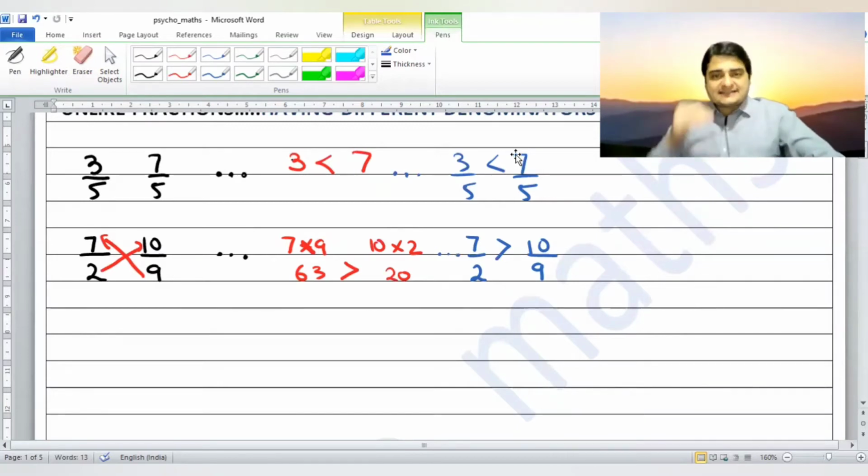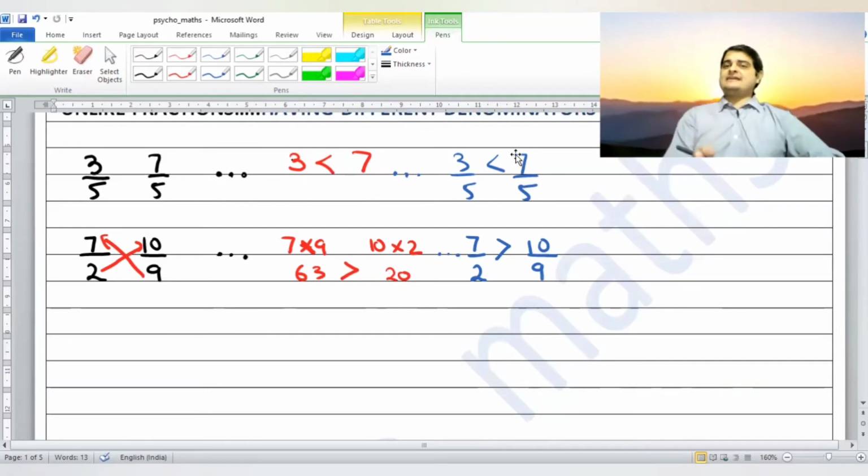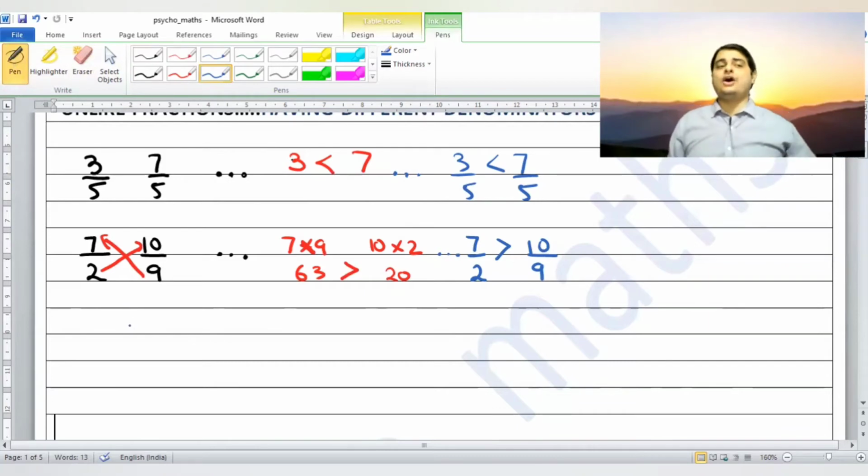In this instance, for ascending, 10 by 9, the smaller one, will be written first and then 7 by 2, which is greater. For descending, 7 by 2 will be first because it is greater, and 10 by 9, being smaller, will be written next. So it is very simple to arrange in ascending and descending order.